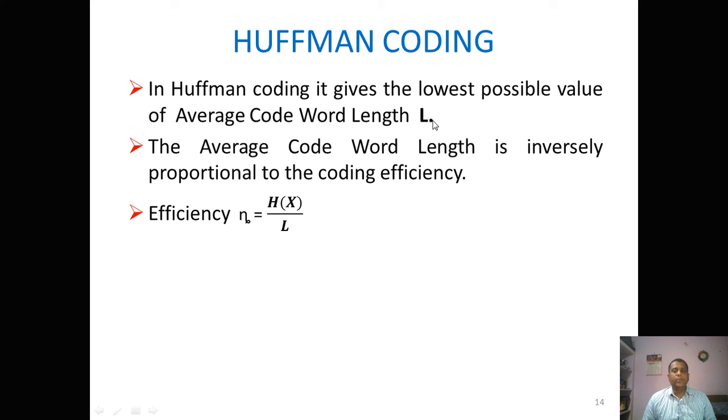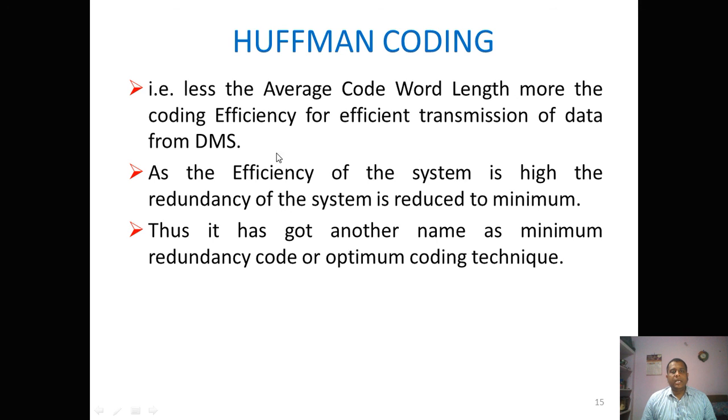This is the most advantageous point, as Huffman coding gives the lowest value of average code word length, and this is inversely proportional to the coding efficiency. Efficiency eta is equal to H of X by L. Thus, the lower the average code word length, the higher the coding efficiency for efficient transmission of data from a discrete memoryless source.